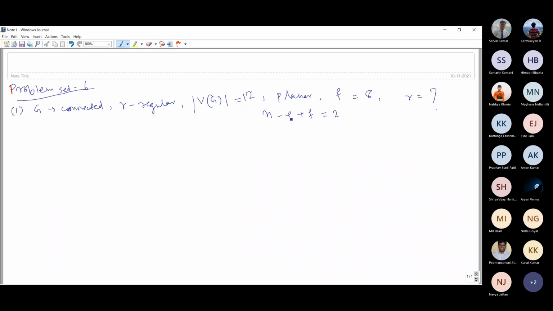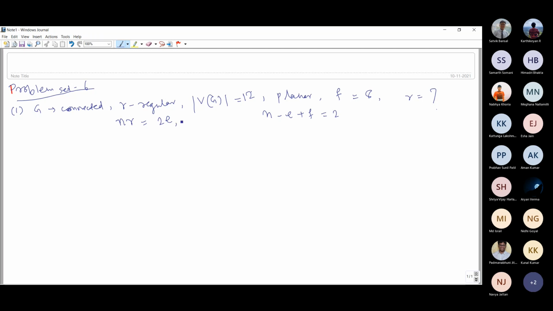Only thing is that we have to express e in terms of r or n. That you get from the first theorem of graph theory, and then substitute the value here. If it is an r-regular graph, nr is equal to twice e. That's what you will get.